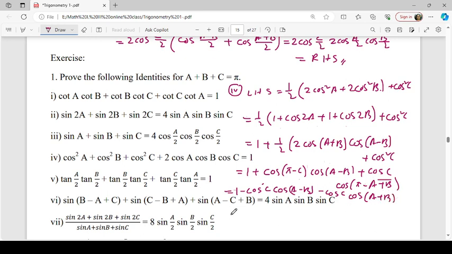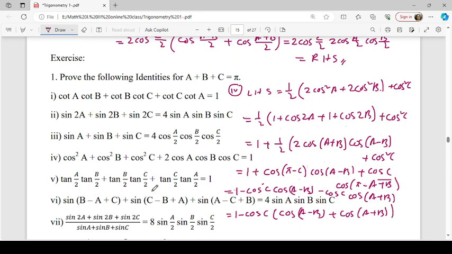Then 1 minus cos c we take common, this is cos of (a minus b) plus cos of (a plus b).